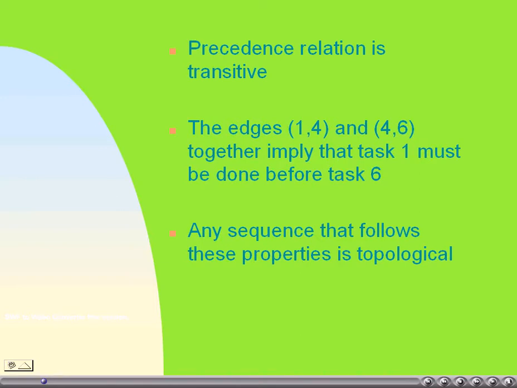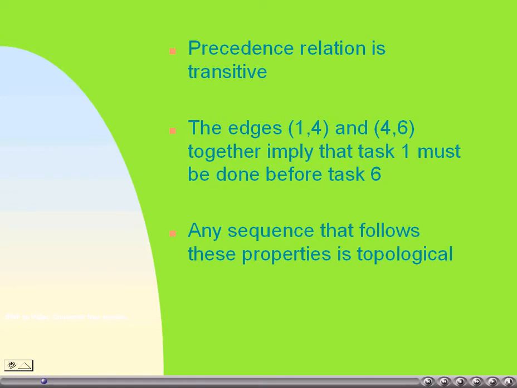Similarly, the edges 1 to 4 and 4 to 6 together imply that not only task 1 has to be completed before task 4, and task 4 before task 6, but it indicates indirectly that task 6 can start only if task 1 is completed.